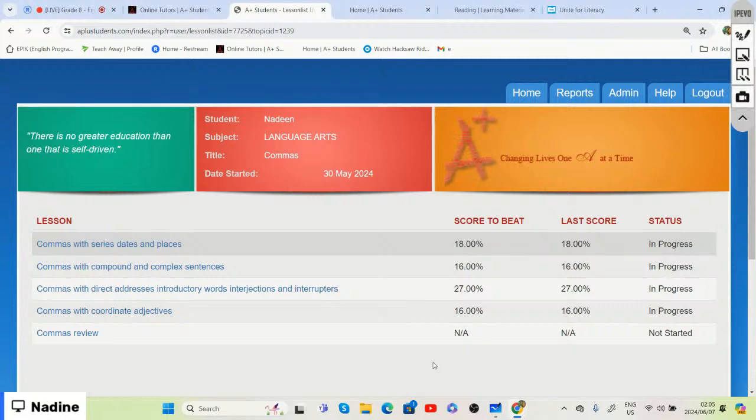And today we are going to do commas with coordinate adjectives as well as commas review, where we're just going to go over what commas are.